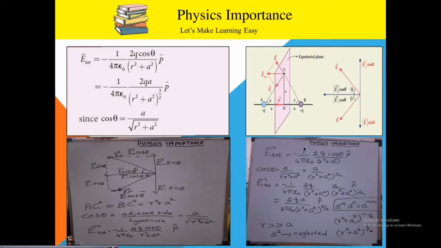So we write minus 1 by 4 pi epsilon naught, 2q by R square plus A square. Then in the place of cos theta, we write A by R square plus A square the whole power 1 by 2. Now in the numerator we have 2qa. In the denominator we have 4 pi epsilon naught, R square plus A square into R square plus A square the whole power 1 by 2.